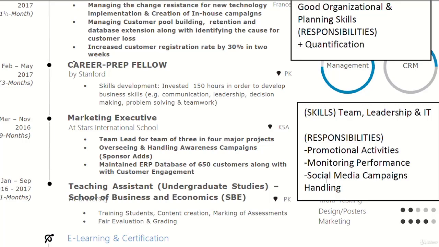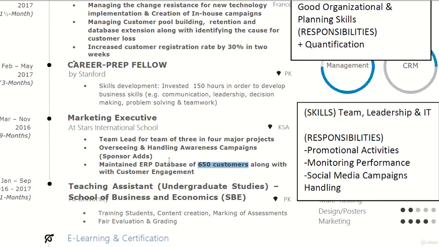Then they talked about IT skills, so I maintained the ERP, which represents that I had the IT skills. Once again, I have talked about specific customers, which represents that I have quantified here as well. So as a whole, I have depicted all these responsibilities and skill sets in this specific paragraph.